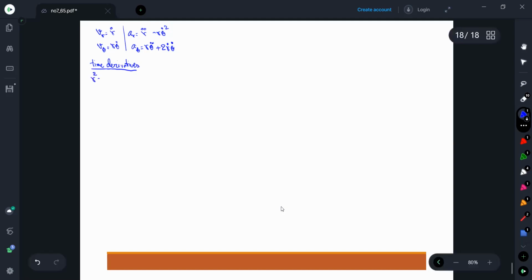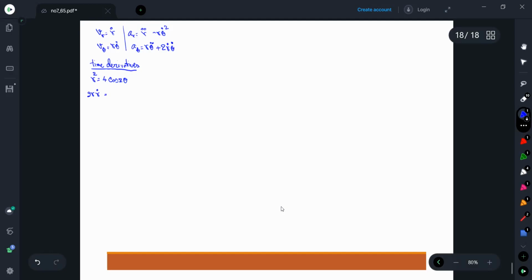We know that r squared equals 4 cosine 2 theta, right? So we take the first derivative of this equation, both sides. On the left hand side, we obtain 2r and r dot.